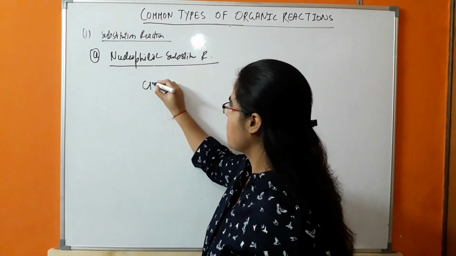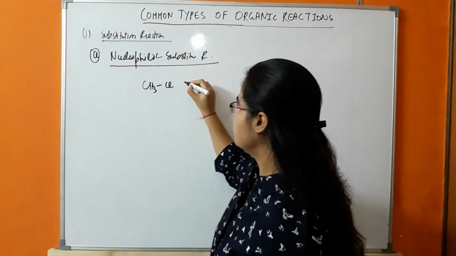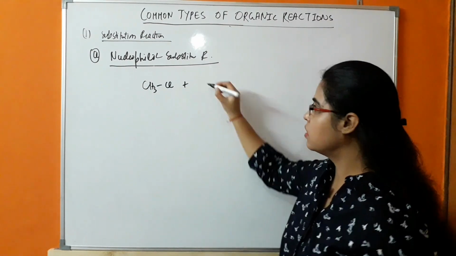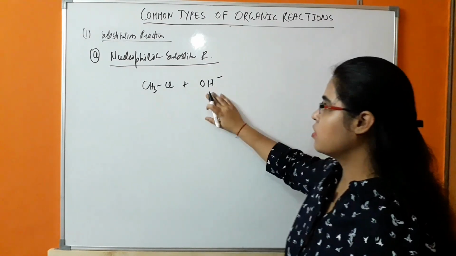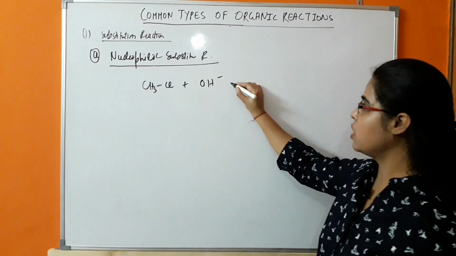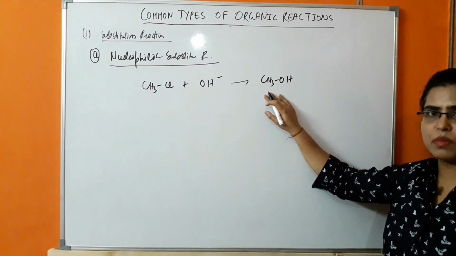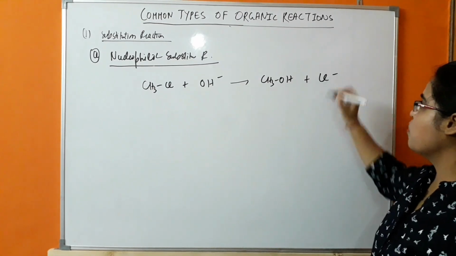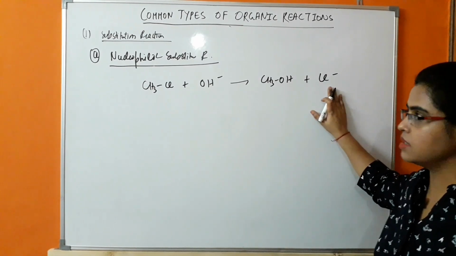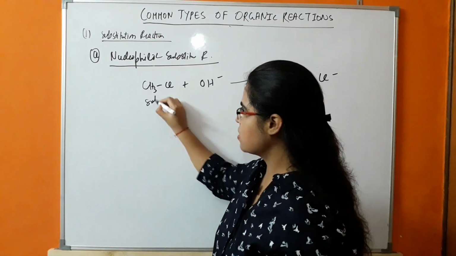Example: methyl chloride is reacting with the nucleophile, that is OH minus. The product formed is methyl alcohol, with removal of Cl minus. So this behaves as the substrate.